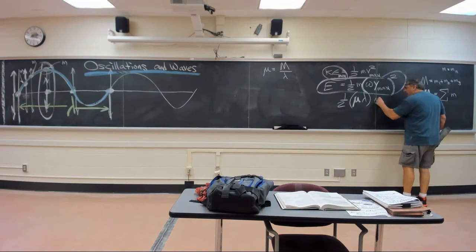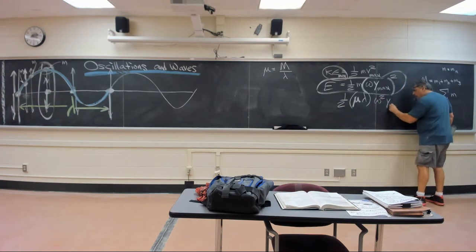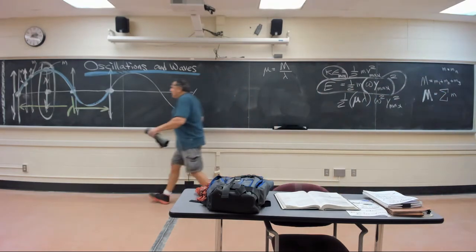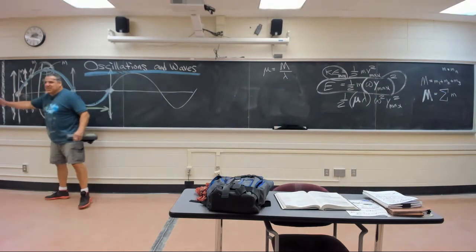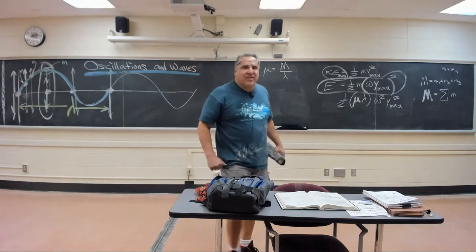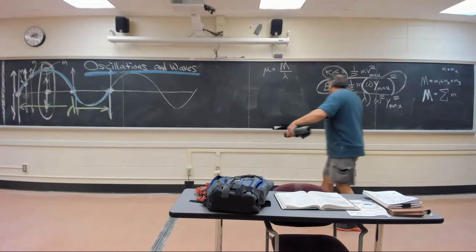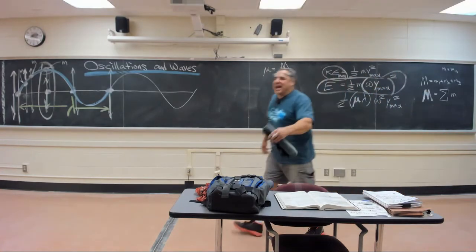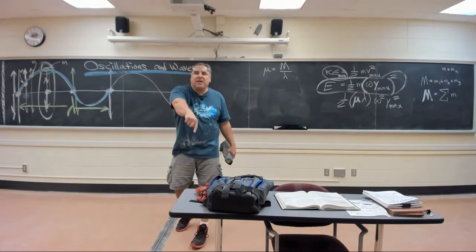And you got omega squared Y max squared. It's almost like the entire mass of the rope is oscillating up and down at once. That's what this is saying. Yeah, it's just like that. Only it's not happening that way, but it's effectively happening that way.